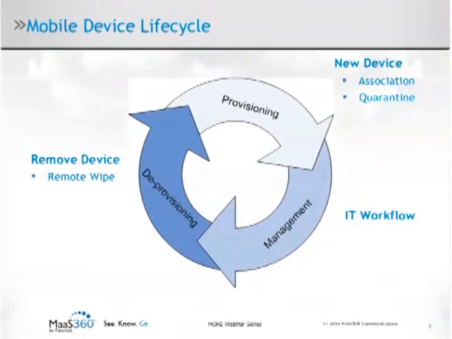Management, which includes IT workflow and daily activities, such as changing your users' policies, sending down software, changing passwords, those type of things. And then finally, deprovisioning. So when you need to remove that mailbox and remove that device, whether it's with a remote wipe or if you're going into the Exchange server and removing it that way.